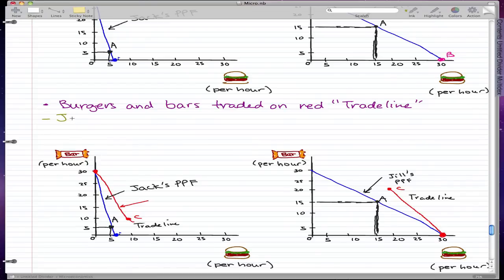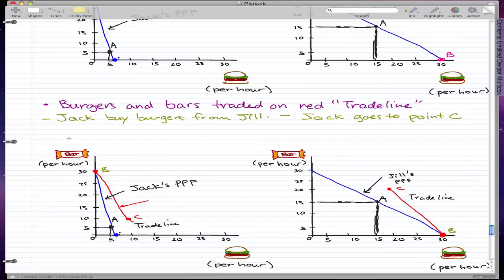Jack would buy burgers from Jill. And this allows Jack to move, oh, I forgot the point B here. This is B. This will allow Jack to move to point C. So Jack moves to point C.